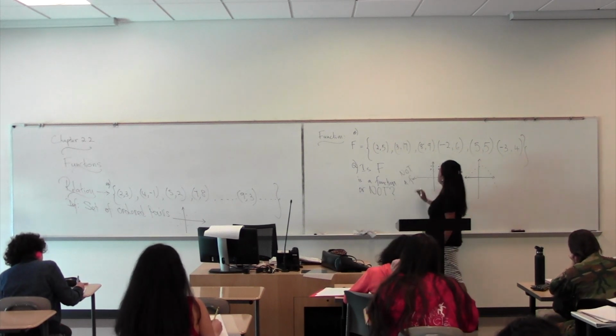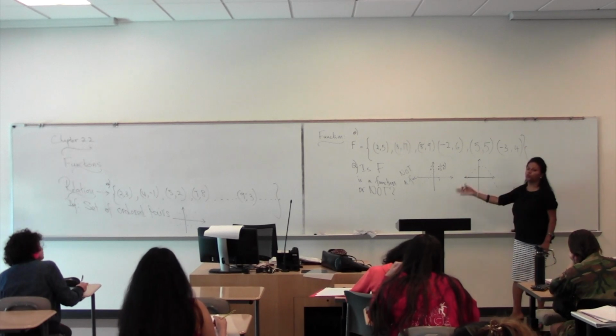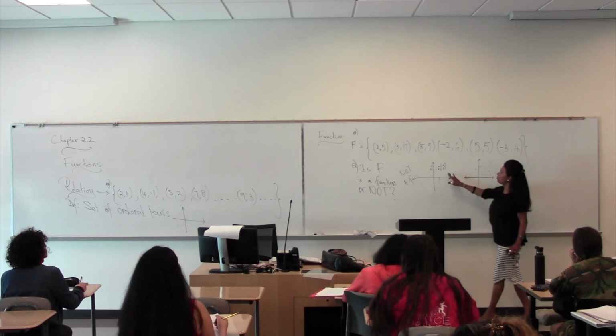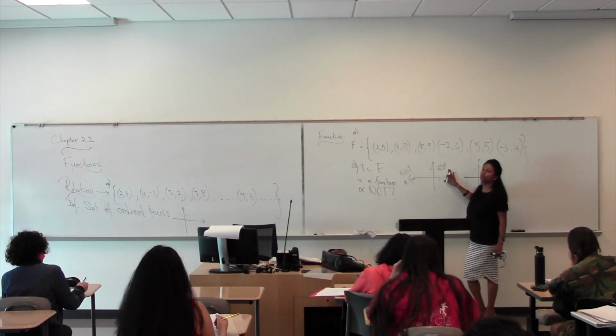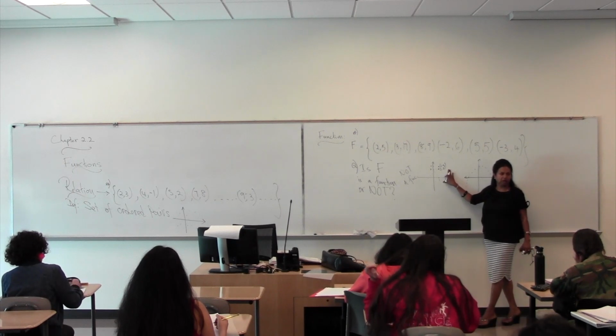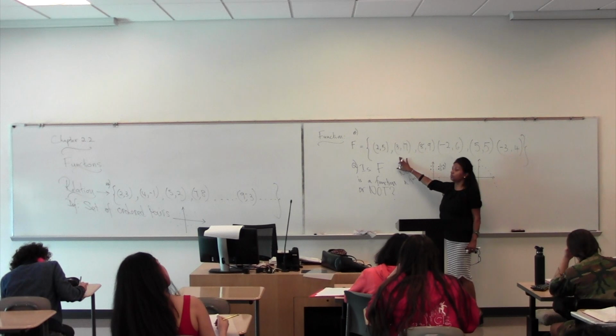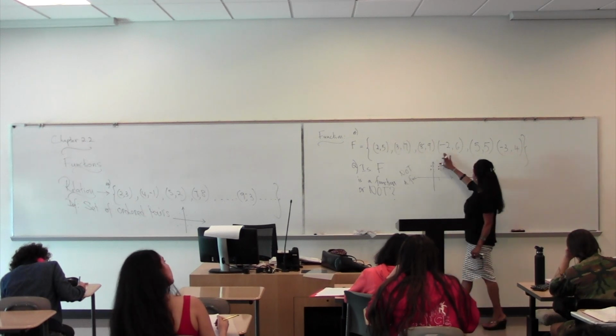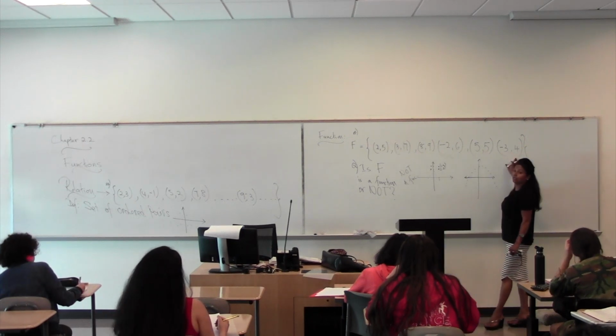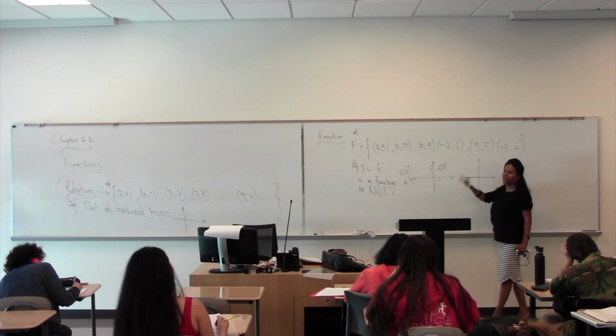Given a set of ordered pairs, this question is asked. And I just explained what you need to check for a function in a set of ordered pairs. For the same x values, do we have a same x value here? No. So this is already qualified, right?